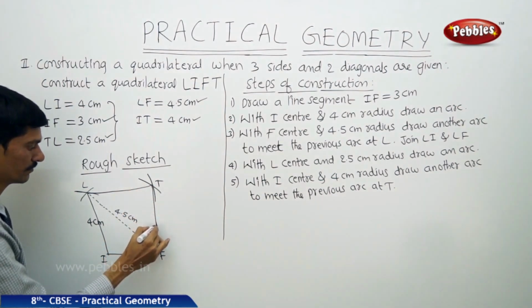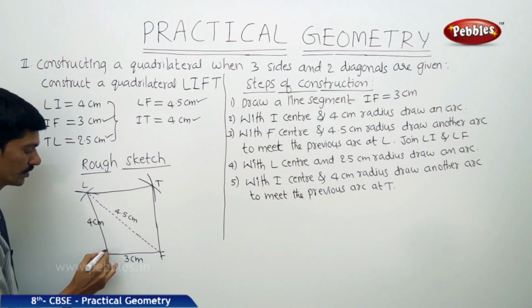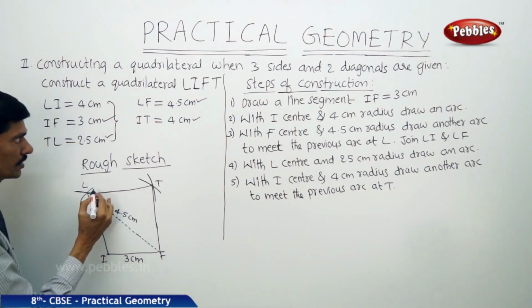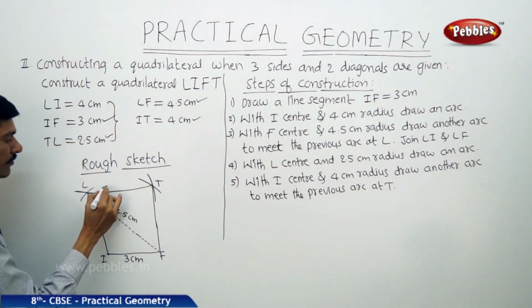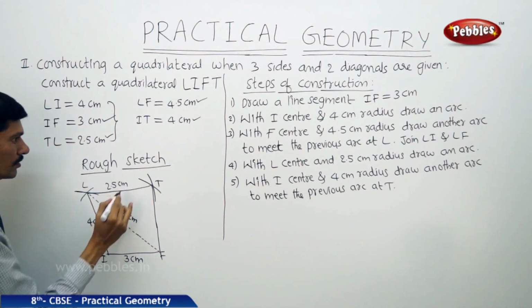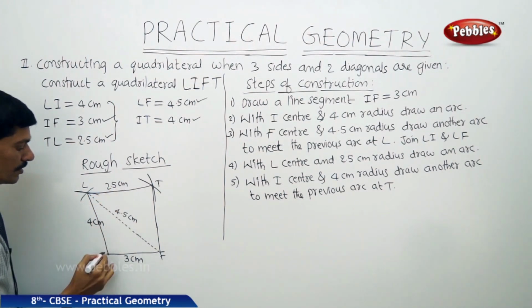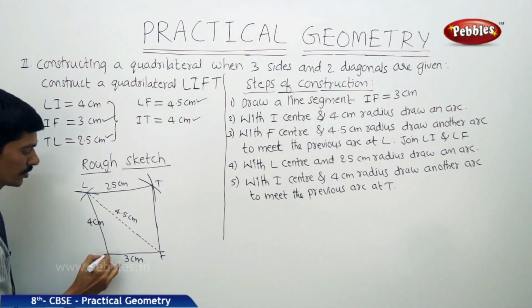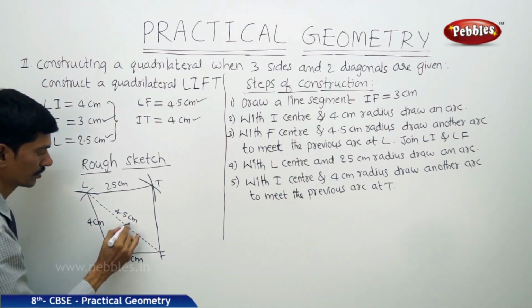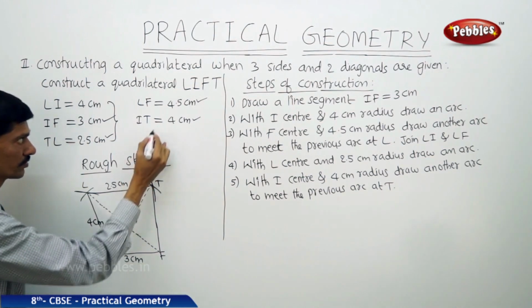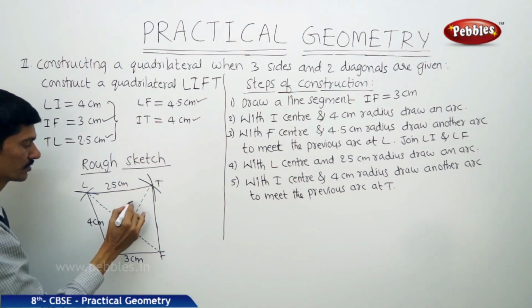Join LT and TF, and also we can join IT. If we join LT, it will be 2.5 centimeters, and if you join IT with a dotted line, as it is the diagonal, it will be 4 centimeters.